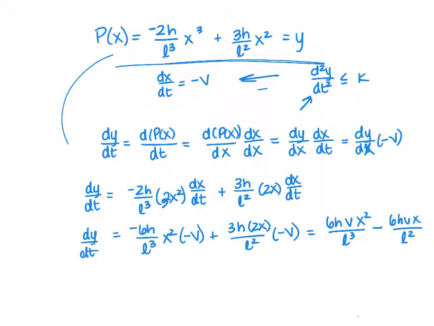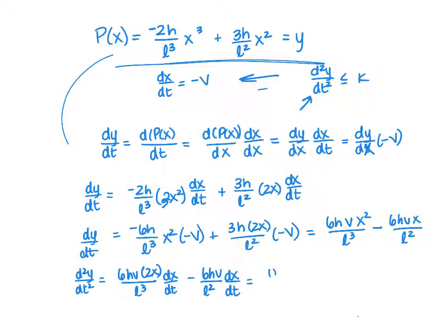Now I've got to take the derivative again, and I'm going to be doing the chain rule again. So for the first term I get 6hv times 2x over L cubed times dx/dt, minus 6hv over L squared dx/dt.